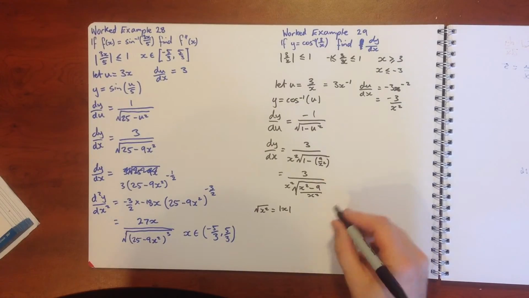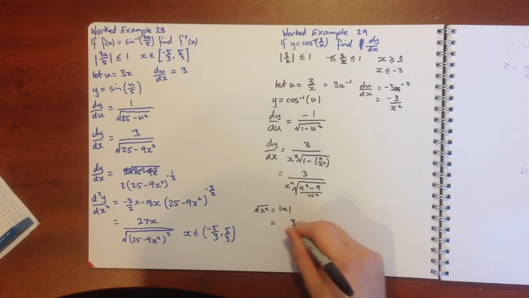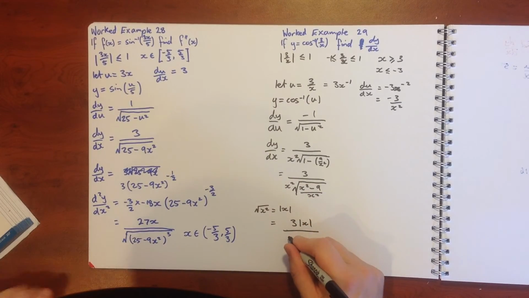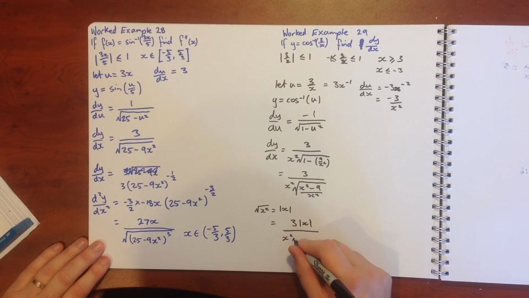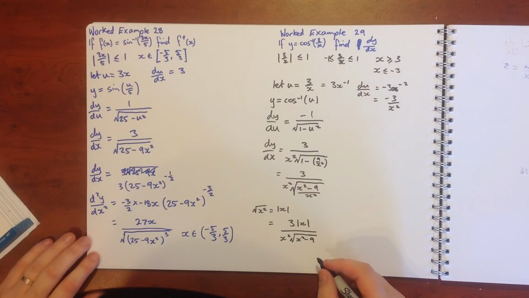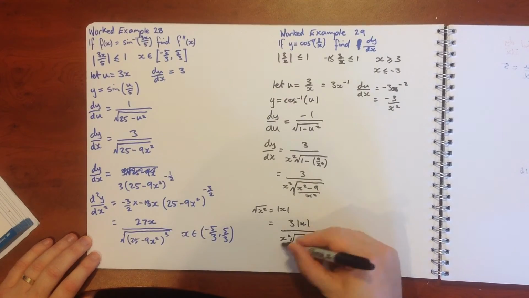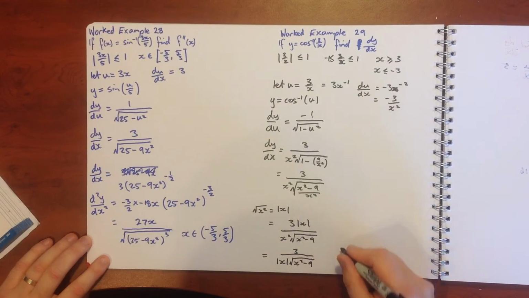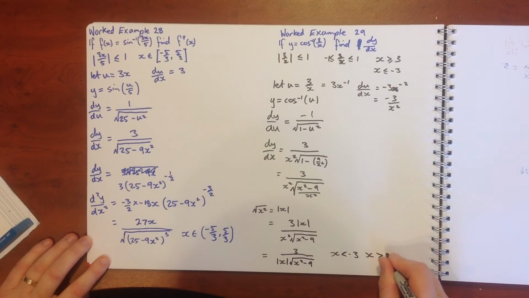Okay, so then they actually make it then equal to 3 times the modulus of x over x squared times the square root of x squared minus 9. Right, and then you can actually cancel down here with the modulus and x squared and make it 3 over the modulus of x times the square root of x squared minus 9, right, which is still for x is less than minus 3 and x is greater than 3.